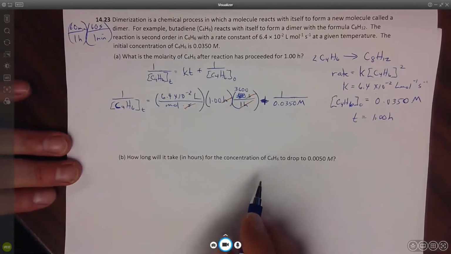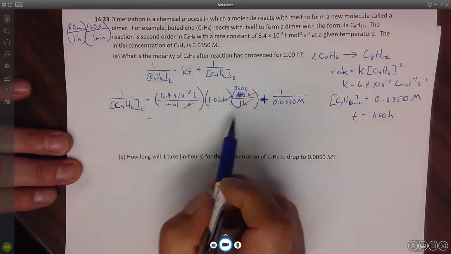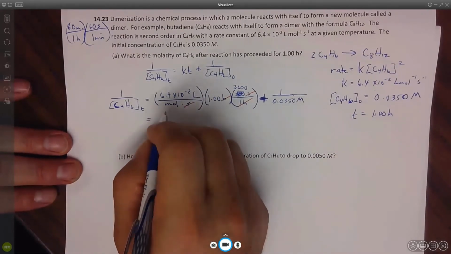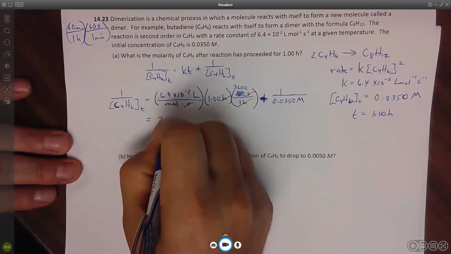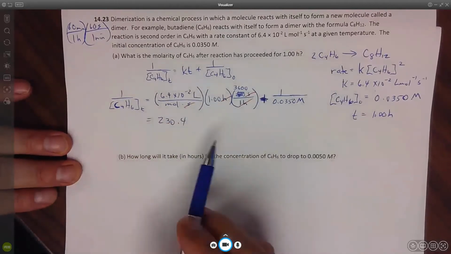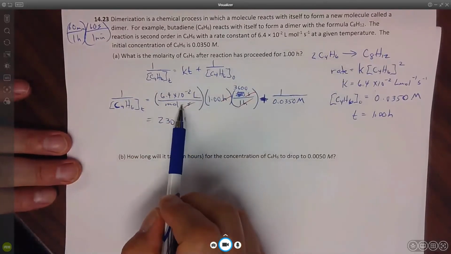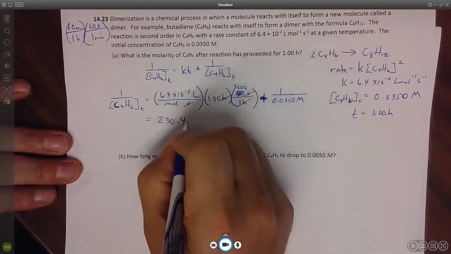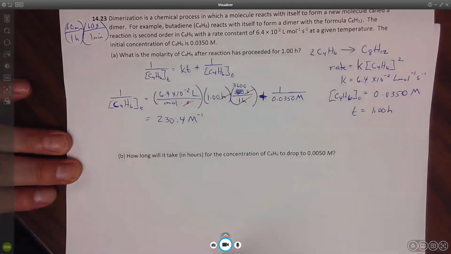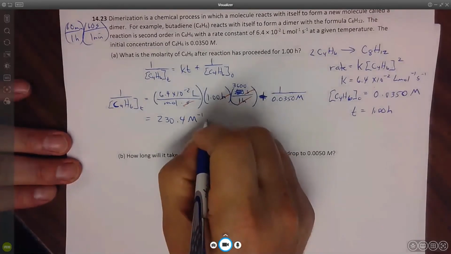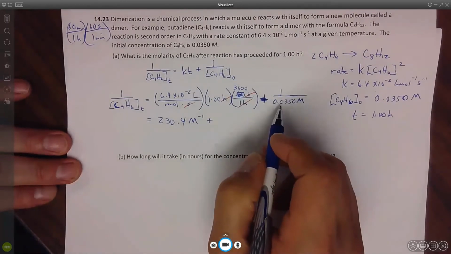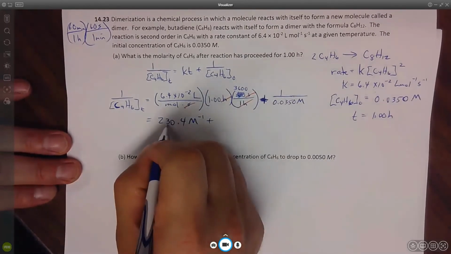Okay. So we'll plug this into our calculator then, and that's going to give me 230.4. Now remember, this is liters per mole. Well, that's just the inverse of molarity, right? And we could say plus, and then 1 over the 3, well, this is what, 2 sig figs, so we're right here.